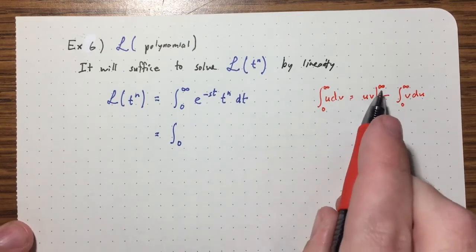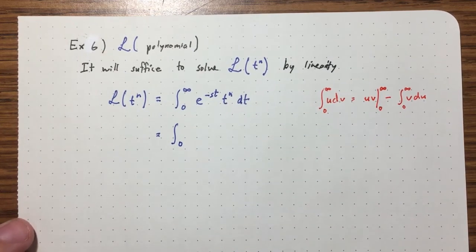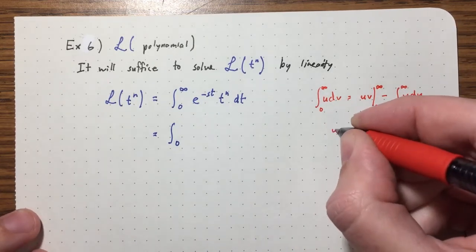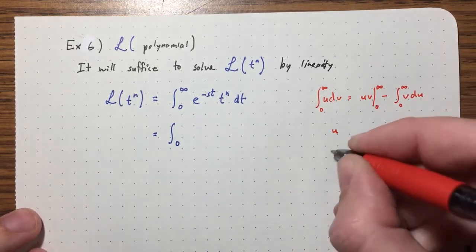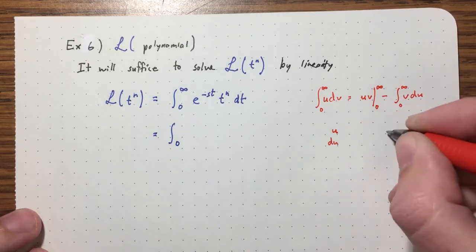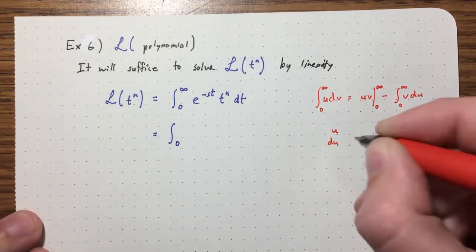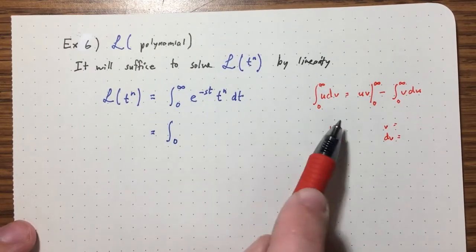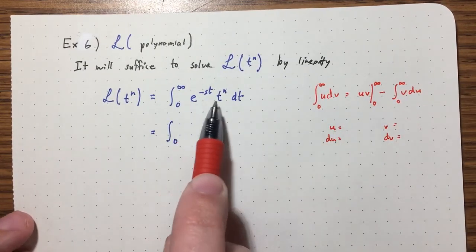And when I say evaluate at infinity, we know what that means. So here's my integration by parts formula. Let's choose what u and v are in our example. So we have u, du, v, and dv. Again, my advice is to choose u to be something that becomes simpler when you take its derivative.